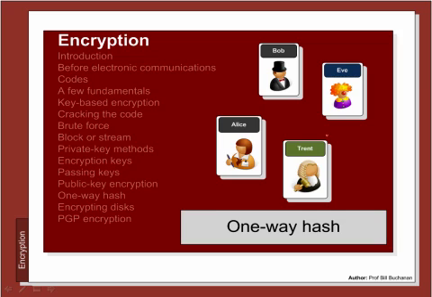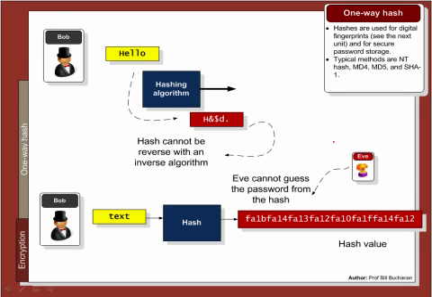The third encryption method is one-way hashing, and with one-way hashing we have no reverse action. We take, in this case, some plain text, we put it through our hashing algorithm, and we cannot reverse the action, so it creates a hash signature.